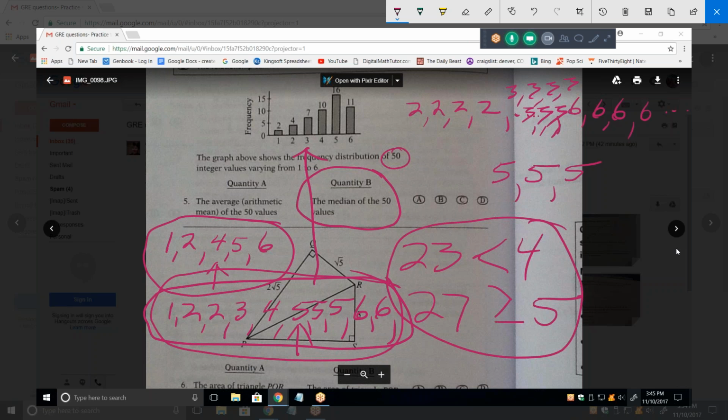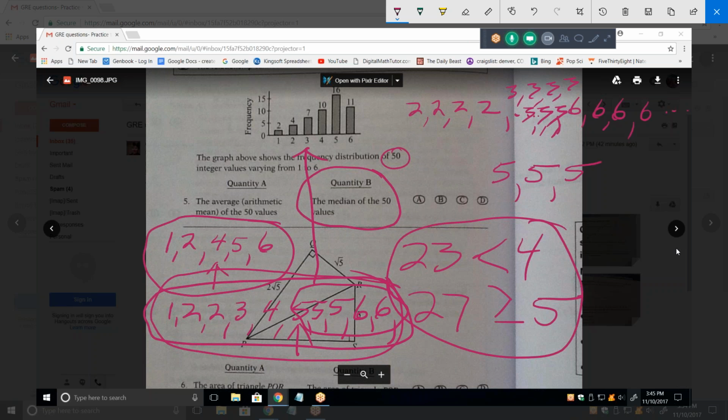So the average is going to be less than the median if it's right skewed. If it's left skewed, it's the other way around. If there were a lot more 1s, 2s, and 3s, just 1 5 and 1 6, then the median is going to be a lower number, and the average should be a higher number.